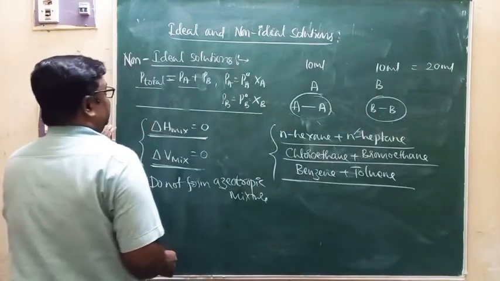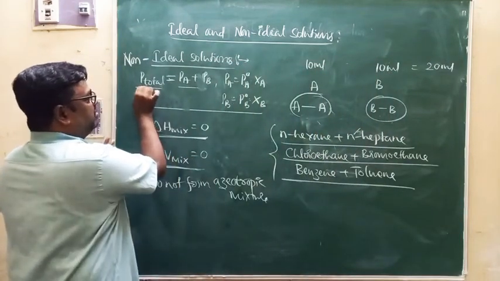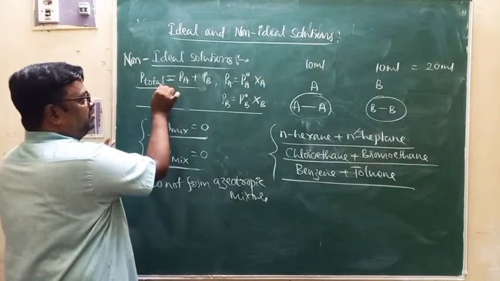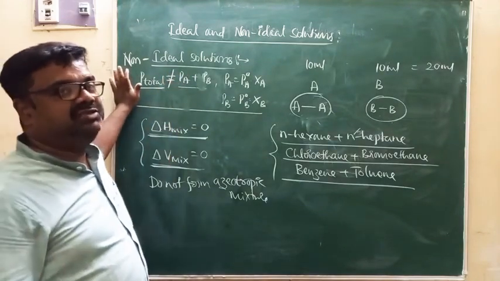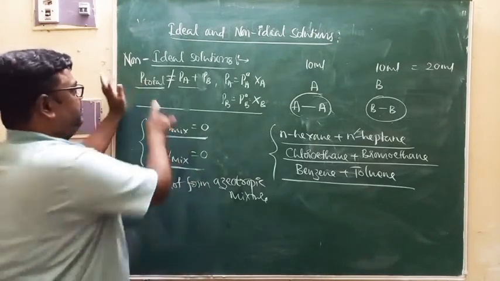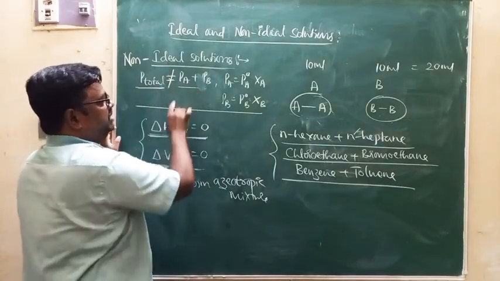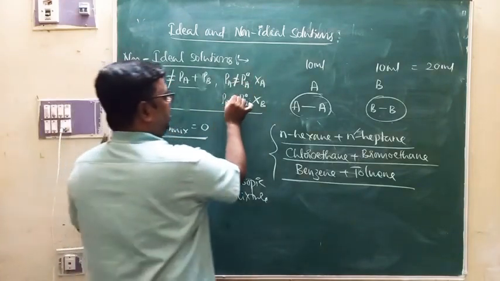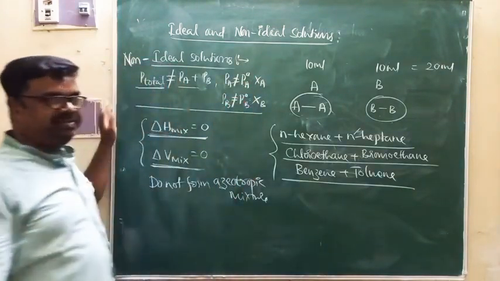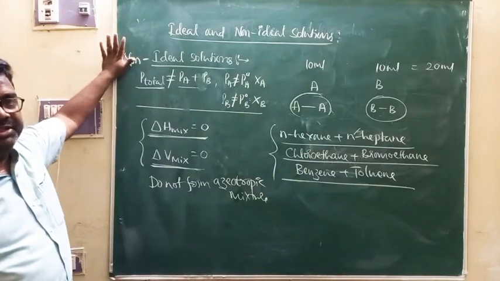In the case of non-ideal solutions, the experimentally determined vapor pressure of the solution is not equal to the total vapor pressure of the solution as we calculate from Raoult's law. P total is not equal to PA plus PB. PA is not equal to P naught A into XA. PB is not equal to P naught B into XB.